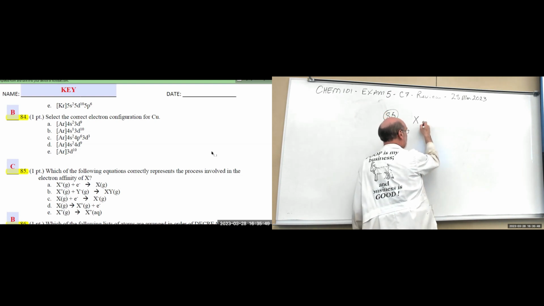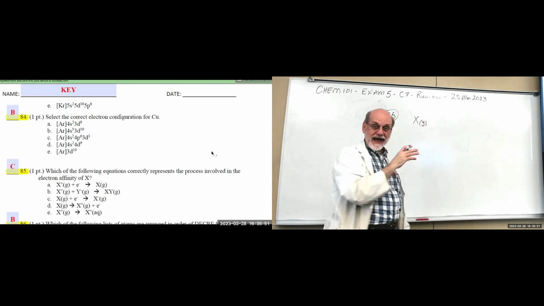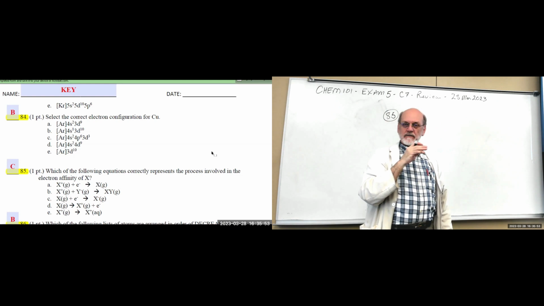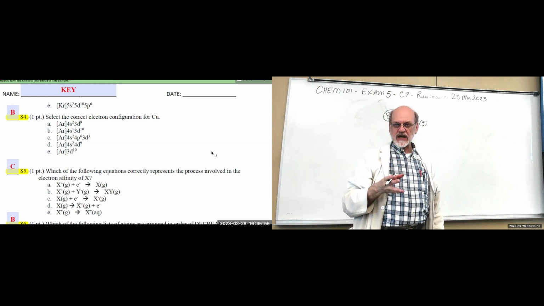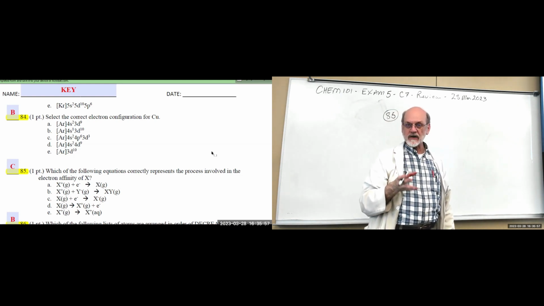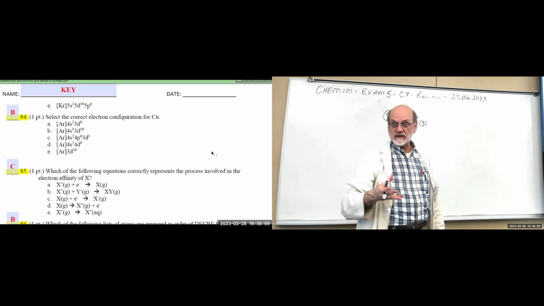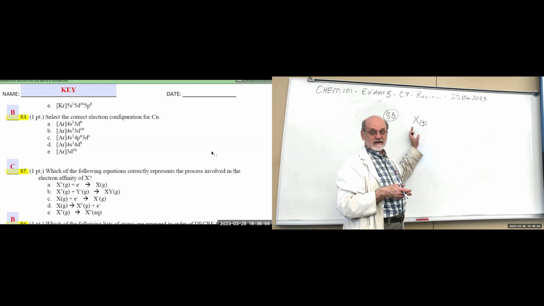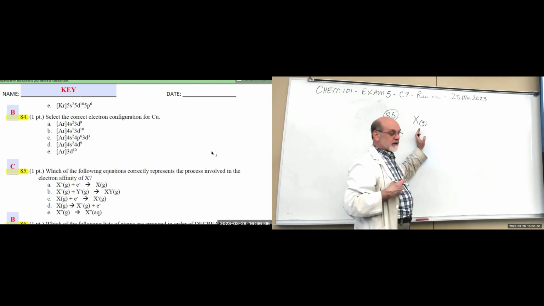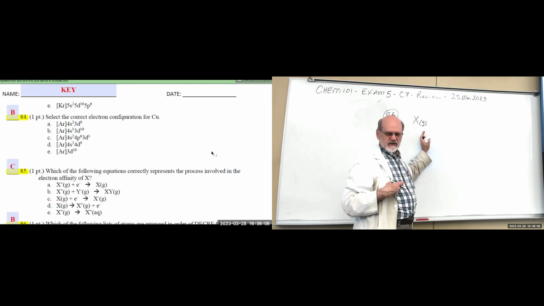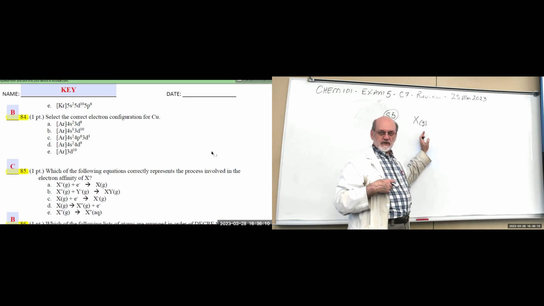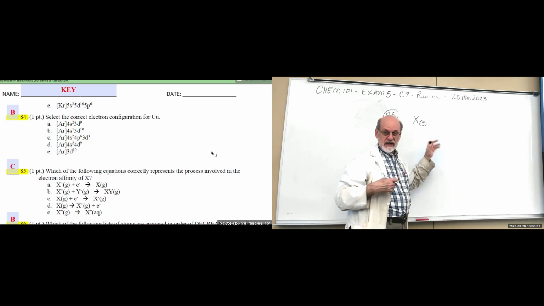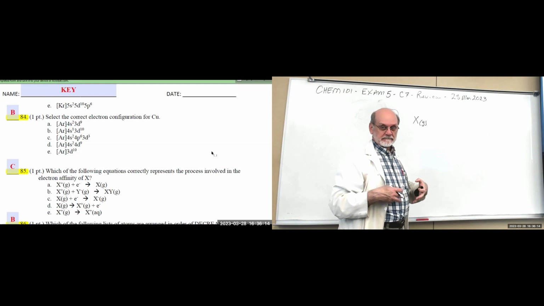But we need a gas, right? Remember why we need a gas? Because we don't want phase change energies to interfere with our calculation for our determination. If you have to change phases here, say this starts out as a metal, you've got to go through a liquid and a gas, put a lot of energy into it before you get to the place where you're going to actually accept an electron.